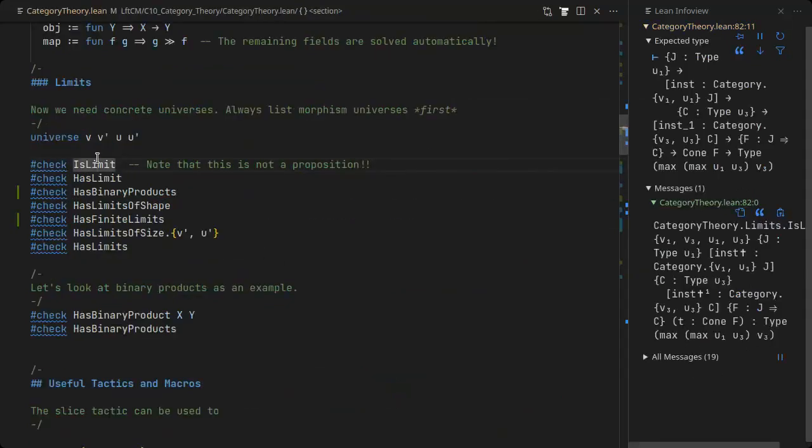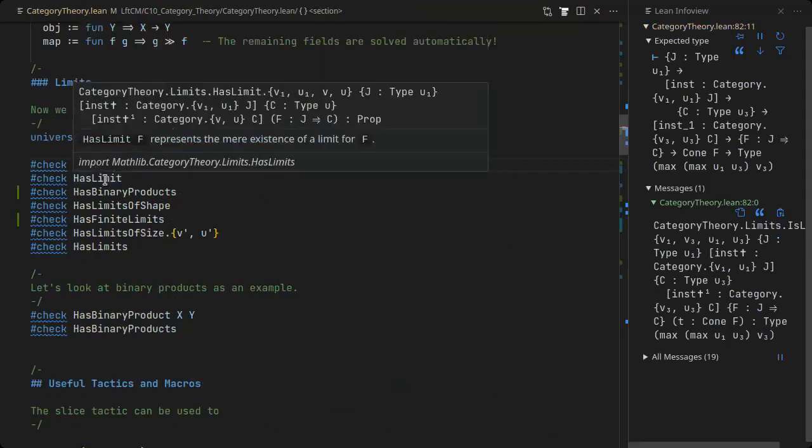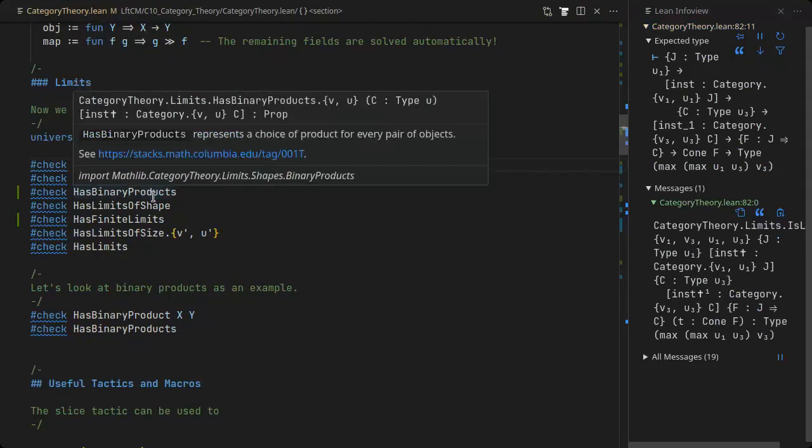So that's just the notion for a certain functor for a certain cone to be a limit, and then we have has limit, which says, okay, a certain functor has a limit, and then we have a whole chain of slight generalizations of that. For example, you have a very certain, very concrete sort of diagram.